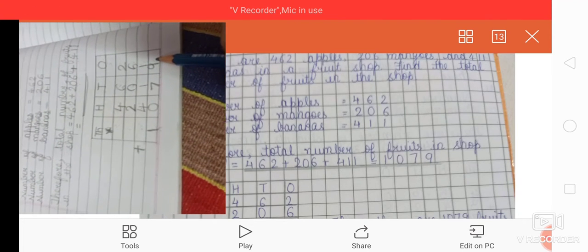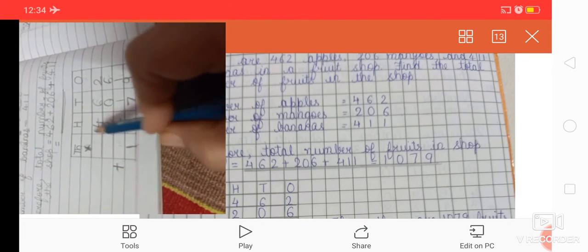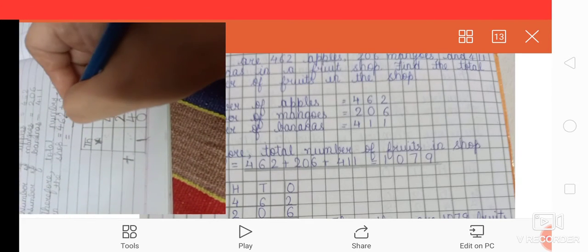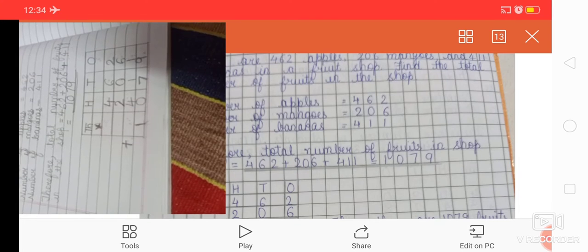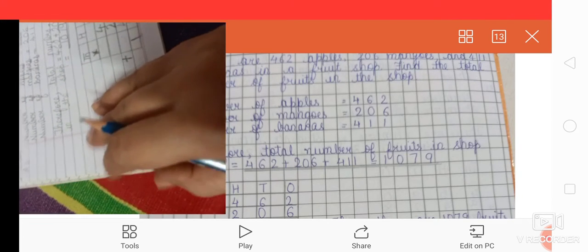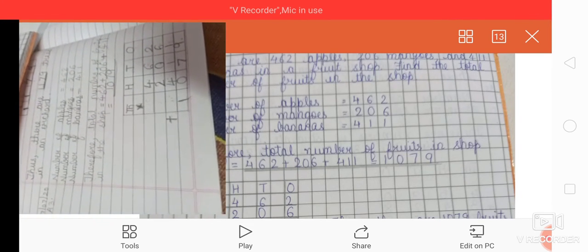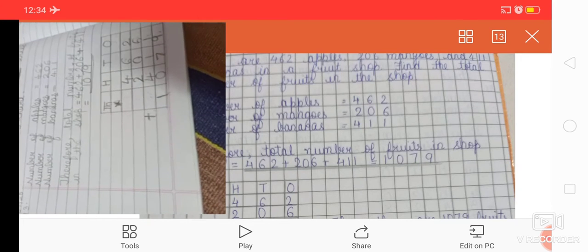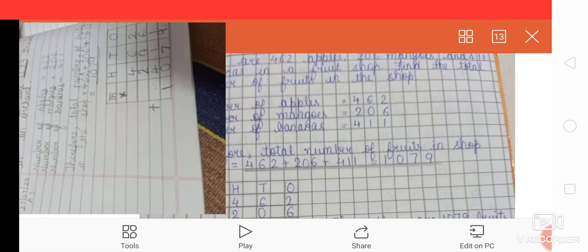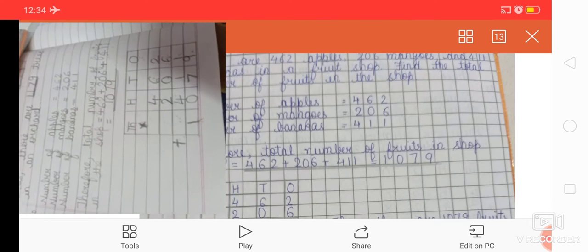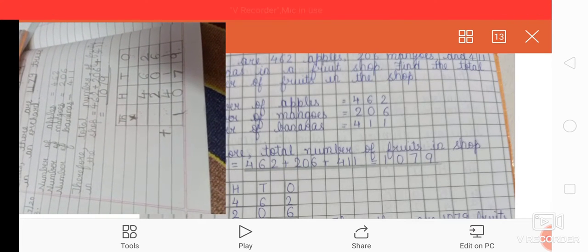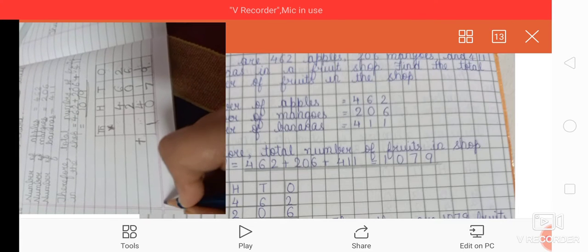1079. This is the total we got. So what will you write? How many total fruits are there in the shop? What are we finding? We are finding the total number of fruits. So what will you write?